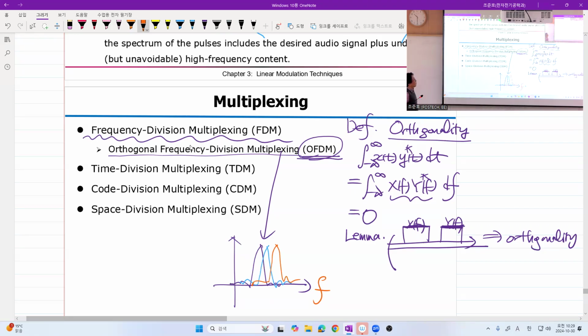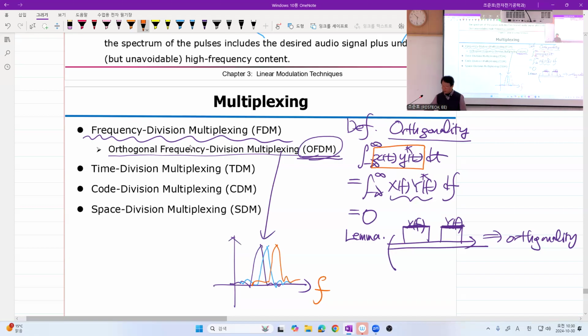Okay, what about time division? Time division is related to this one. So what if two signals multiplied together in the time domain become 0 for all t? Then definitely this becomes 0 because the integrand is 0.